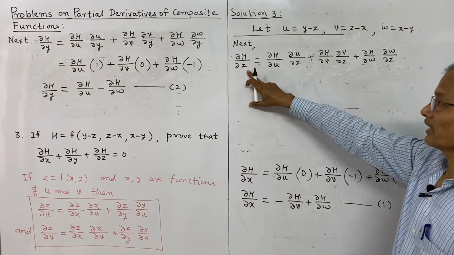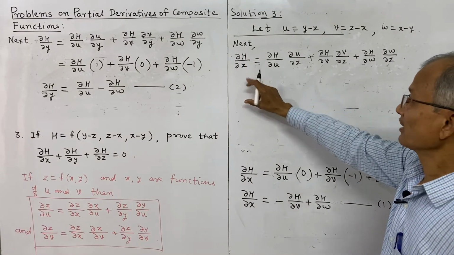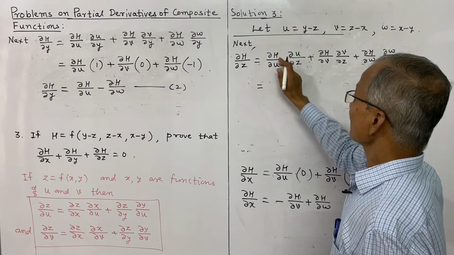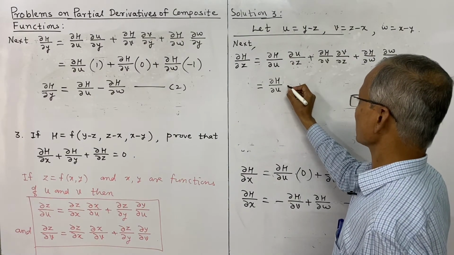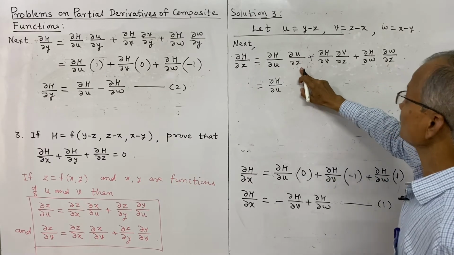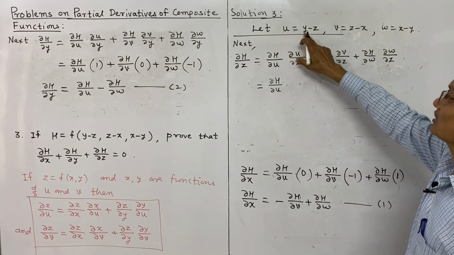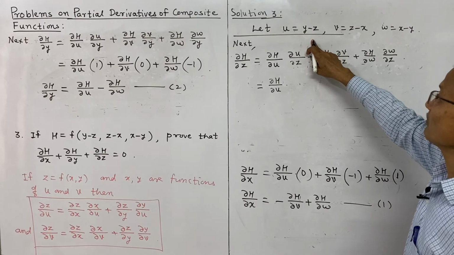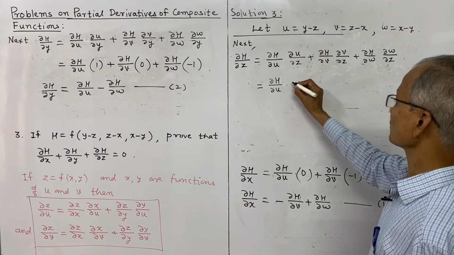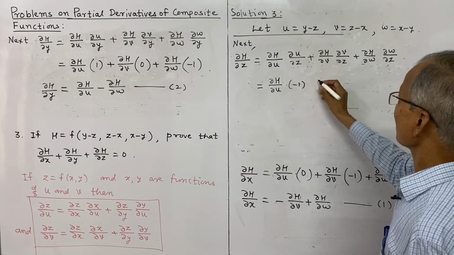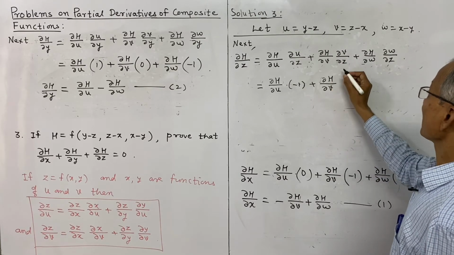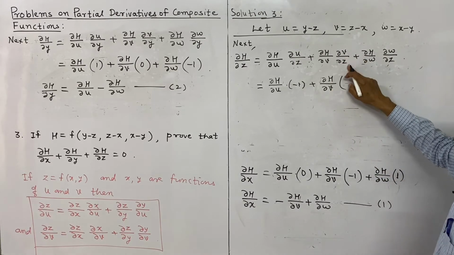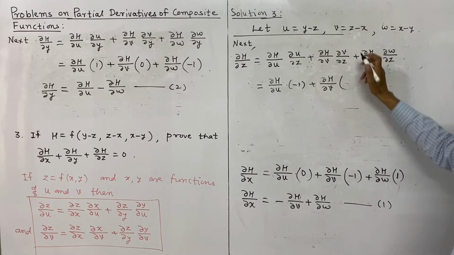The partial derivative of h with respect to z is equal to the partial derivative of h with respect to u, which will remain the same, and the partial derivative of u with respect to z. You see, u is y minus z, and the derivative of u partially with respect to z is -1, plus the partial derivative of h with respect to v and the partial derivative of v with respect to z, that will be 1.